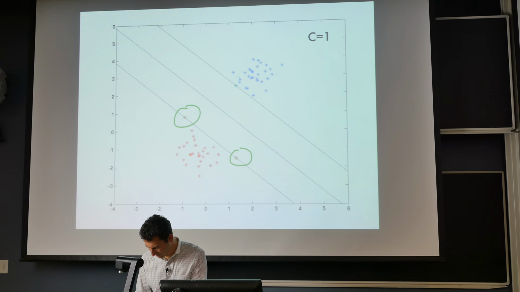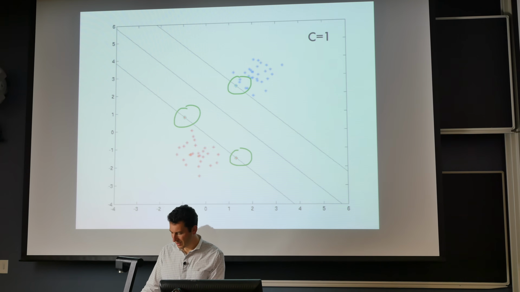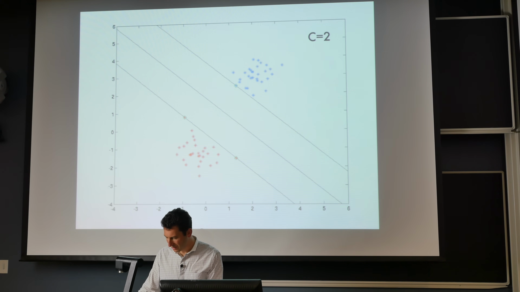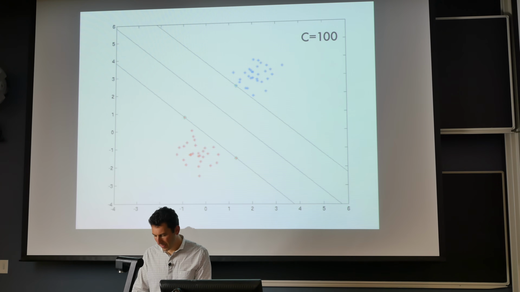Okay. So these are support vectors. If I have c equals 2, nothing really changes. 5, 10, 15, 20, whatever. Nothing changes.